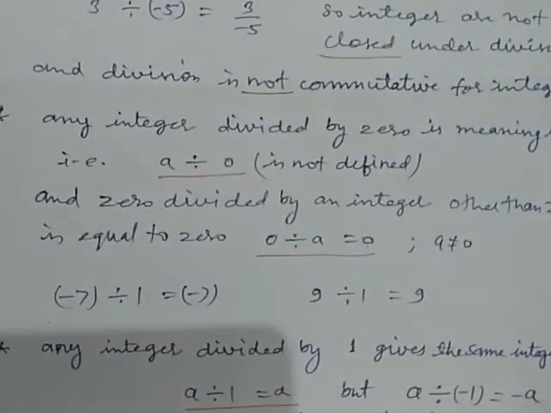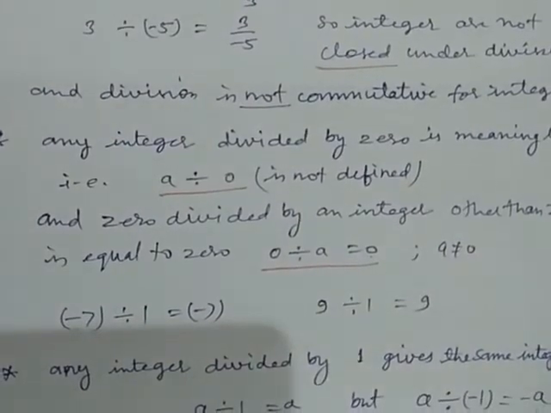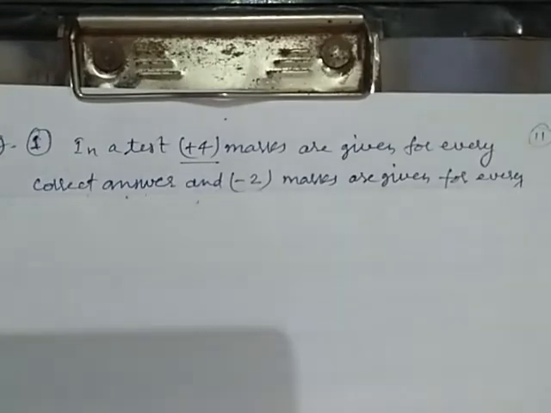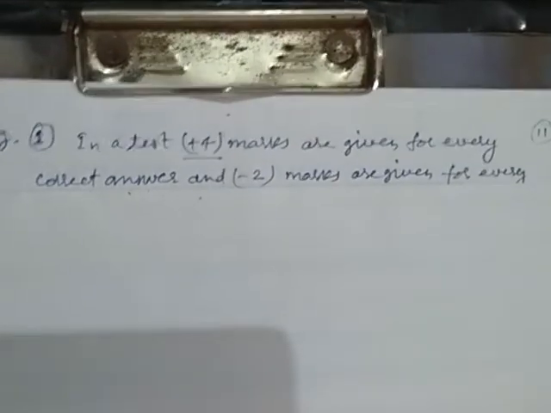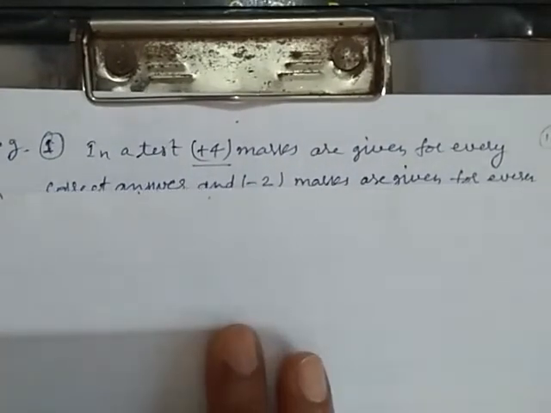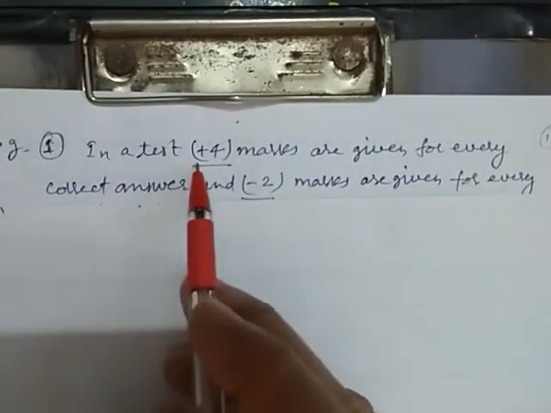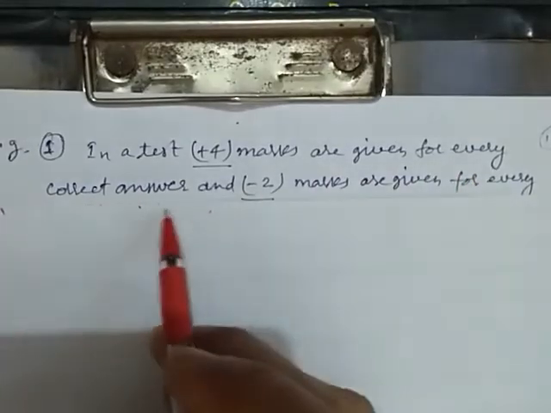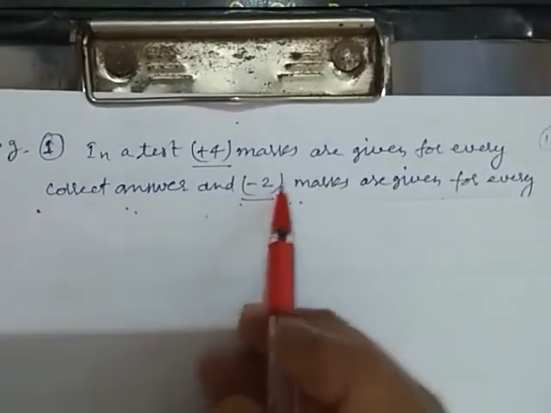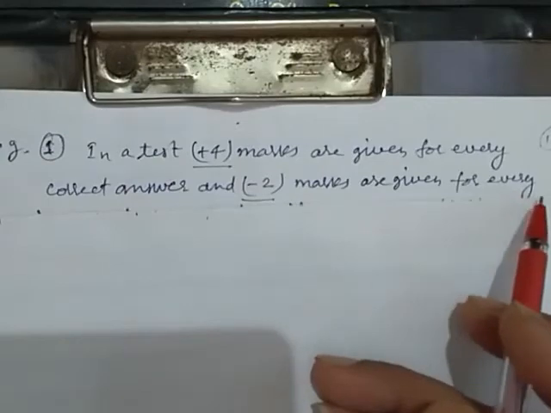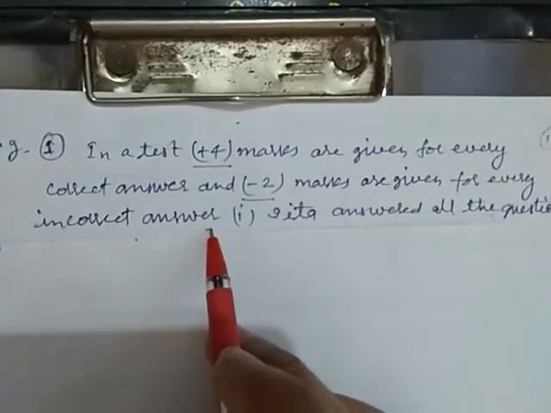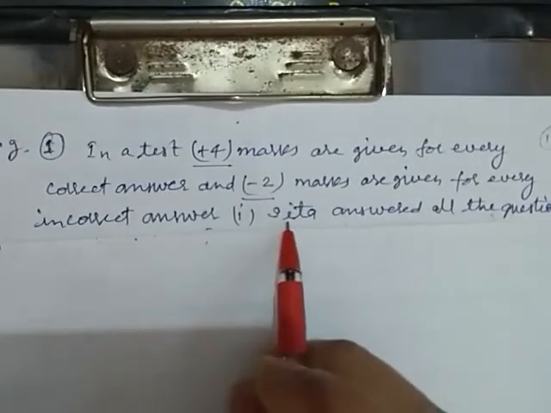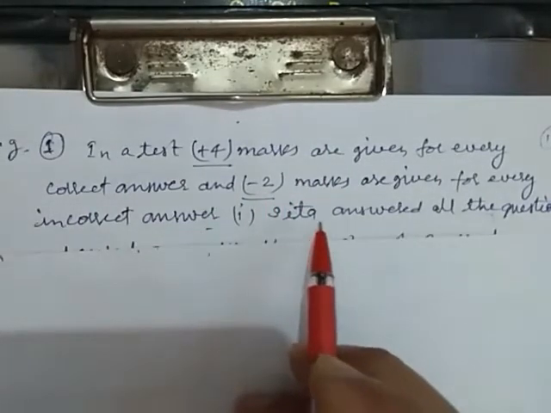Now we take one more thing. We take some problem. Here is our problem. In a test, plus 4 marks are given for every correct answer and minus 2 marks are given for every incorrect answer. This is given to us, and now we have to calculate what?